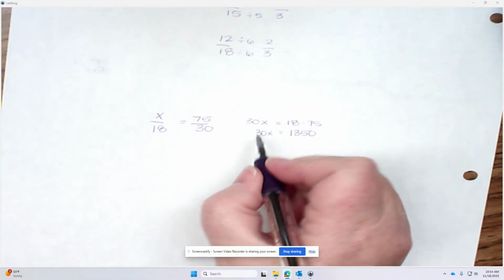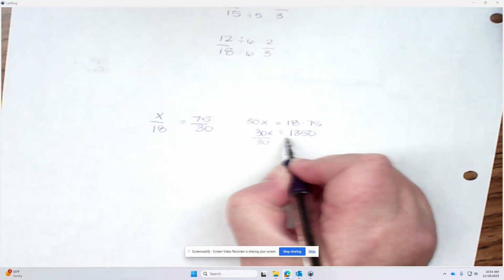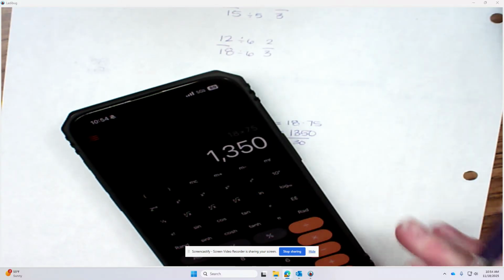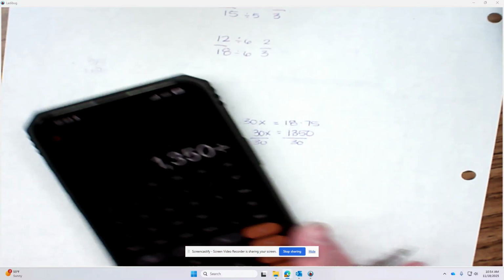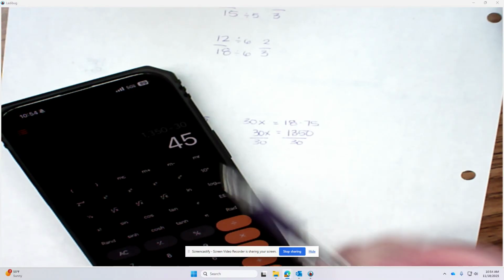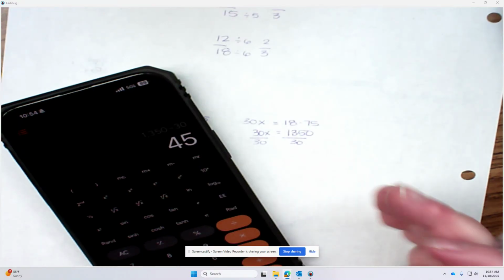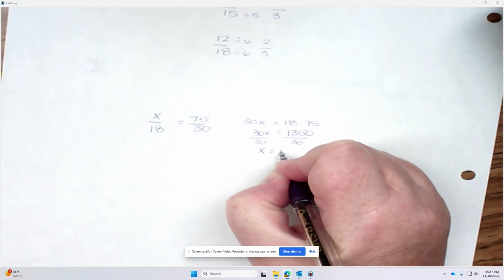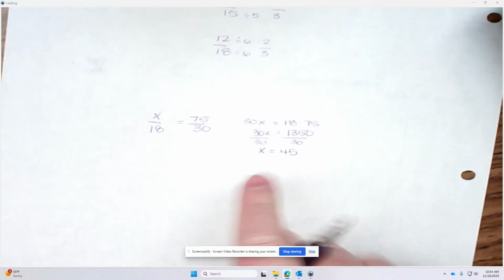And then to get x by itself, I'm going to divide by 30. If you didn't touch the calculator in between, you still have your 1350 there, so you can just do divided by 30. Look at your screen. Make sure you actually typed what you think you did. So here we got 45. So x is equal to 45.